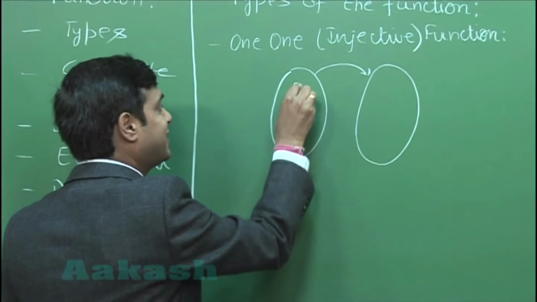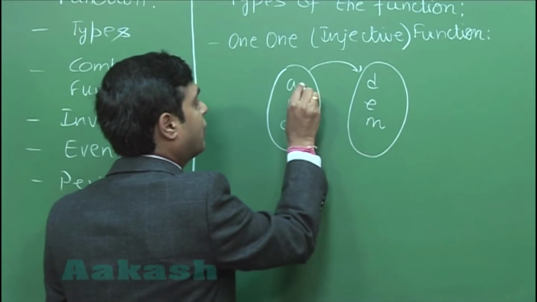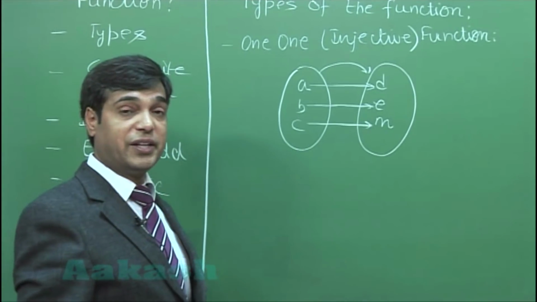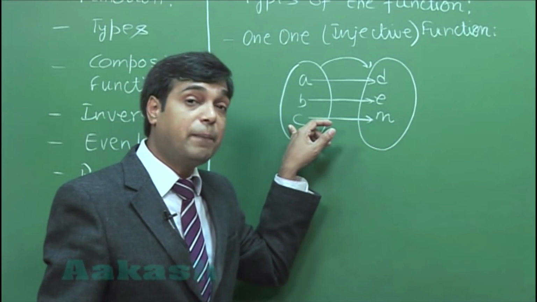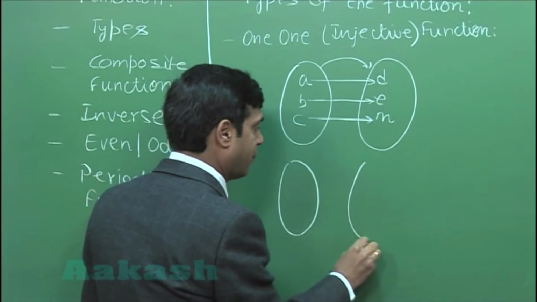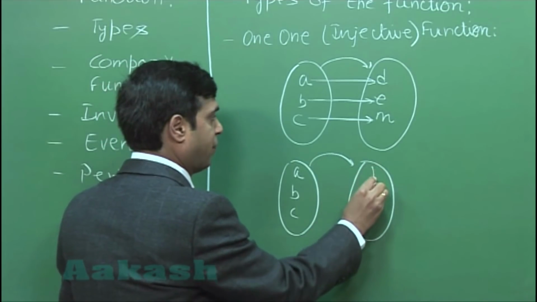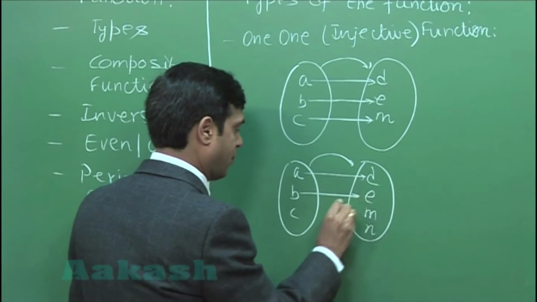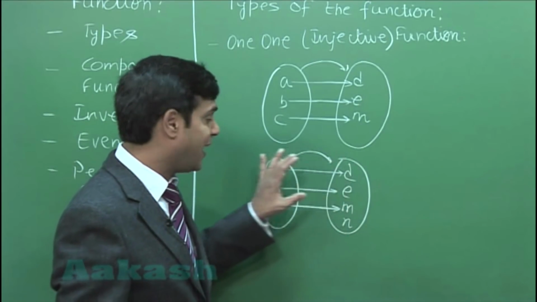Through a Venn diagram we can say this is called one one function. Every element of set B, whichever is related, has just one pre-image in set A. Now there are 4 elements in set B, but only 3 have pre-images.